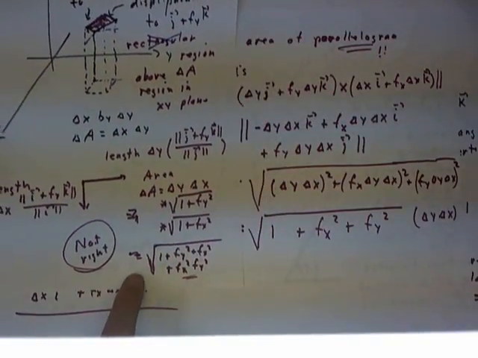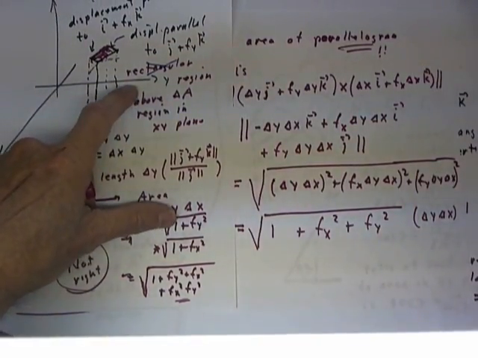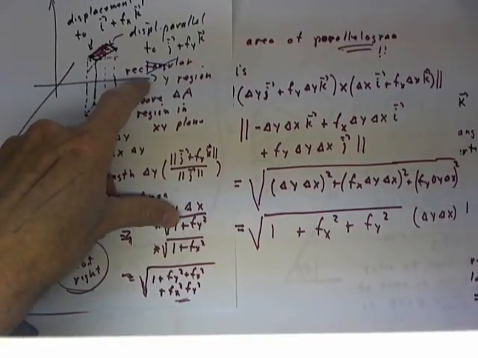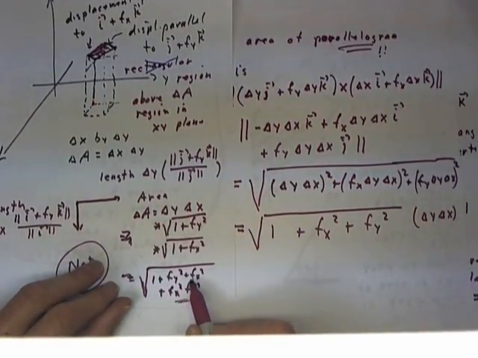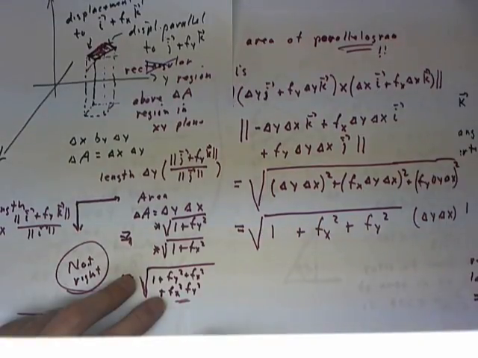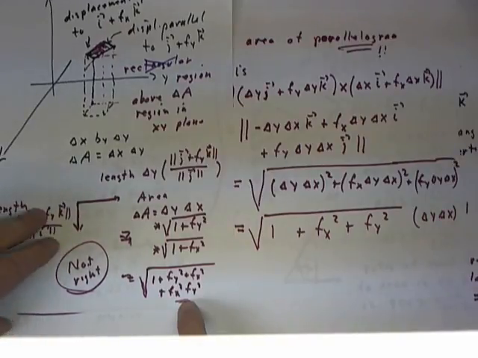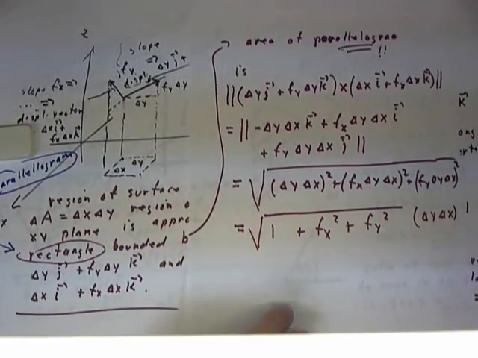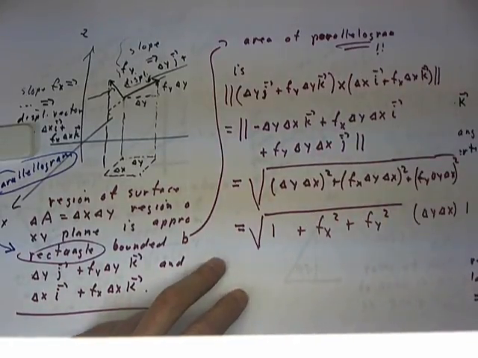We can compare that with my previous expression based on the assumption that the region was rectangular, the debunked assumption. The expression came out the same except for this Fx squared, Fy squared. And that's the error that results from assuming that the region is rectangular. The region is not rectangular. Its area is given by the magnitude of the cross product of the two defining vectors.